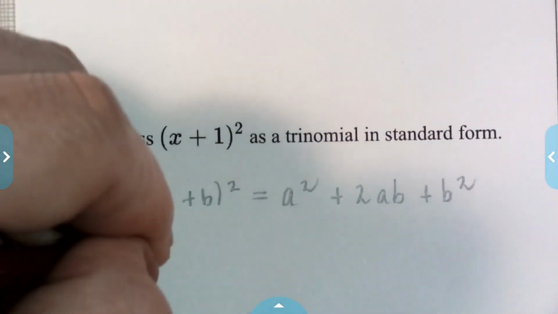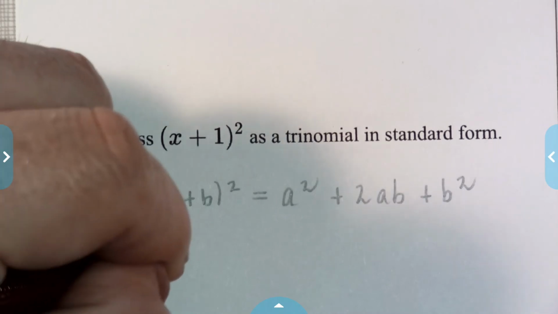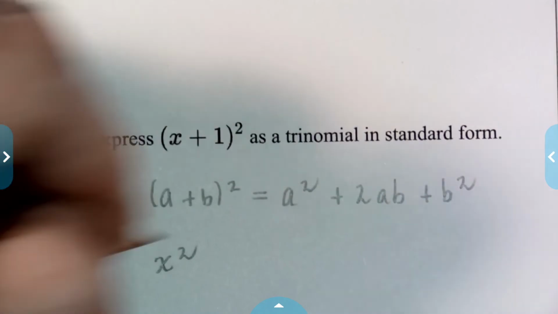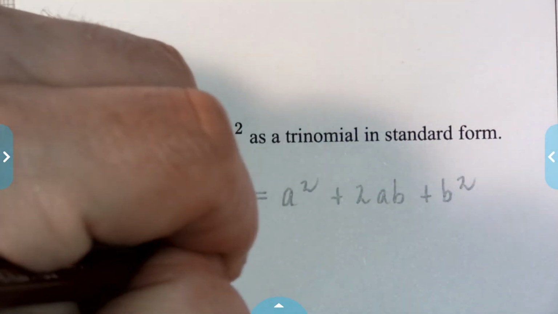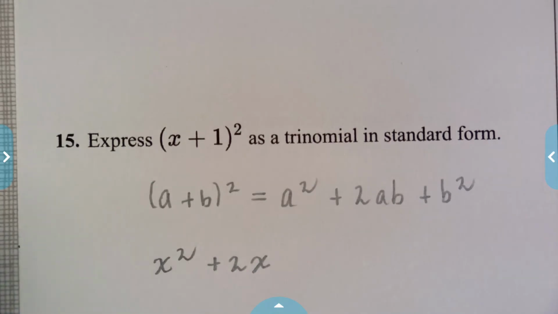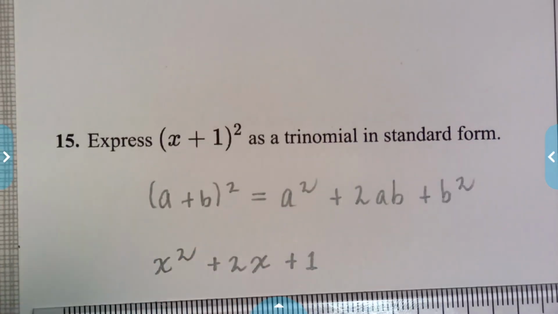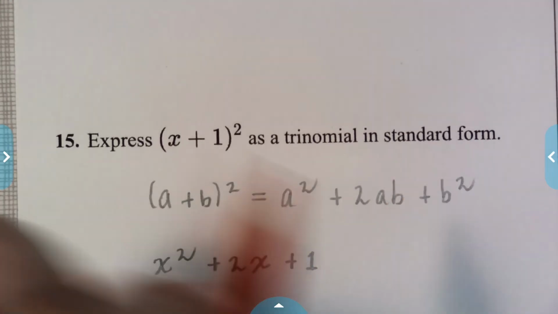So x squared plus 2 times x times 1, which is just plus 2x, plus 1 times 1 is 1 squared, so plus 1. That's it. If you know the trick, it was simple.